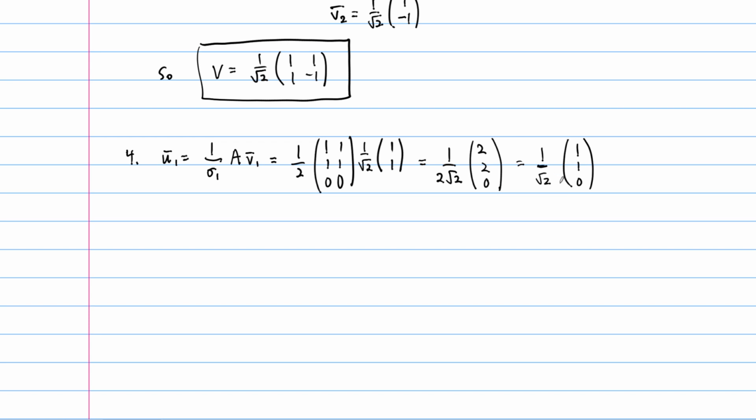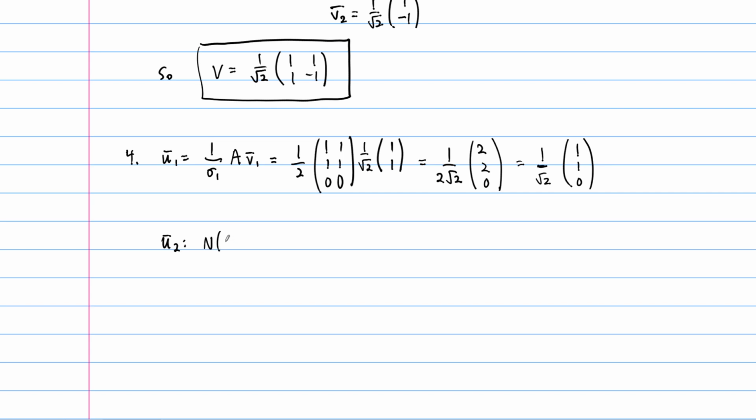So the second vector, U2, is going to have to be a unit vector, an orthonormal basis of the null space. And A is going to have a null space of dimension 2 because of the rank nullity theorem. So its rank is 1, and it's going to have a null space of dimension 2. So let's try to find that then.